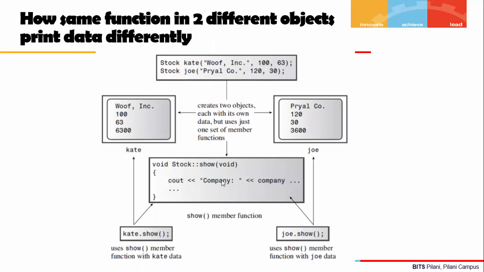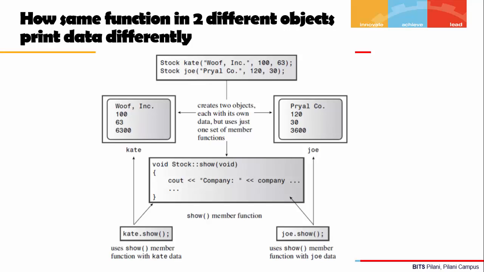Now, how does the same function in two different objects print data differently? In this we have the function show, which prints the data differently because we are using two objects.